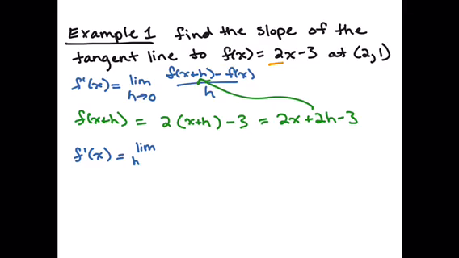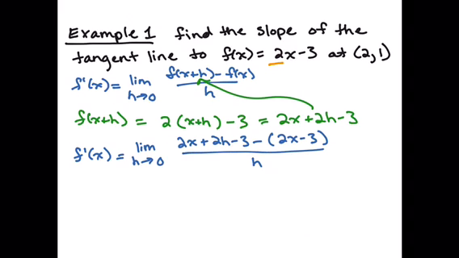And find the derivative. So I plug in my f of x plus h minus f of x. I'm going to subtract the original function, which is 2x minus 3, all over h. And if I distribute this minus here, I get 2x minus 2x, negative 3.